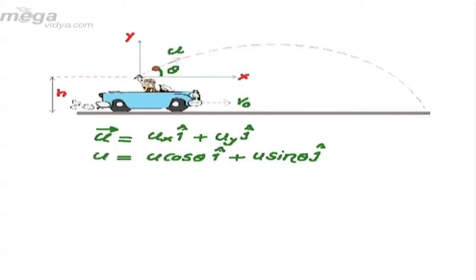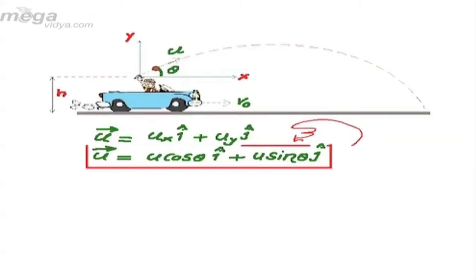This is the velocity of the projectile with respect to the car. Remember, this u is relative to the car.